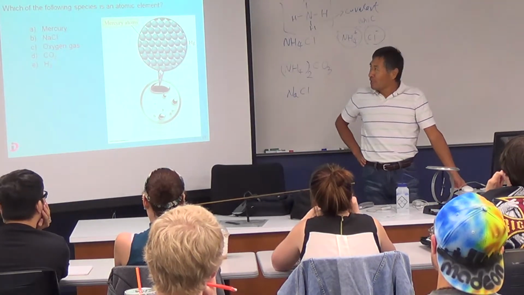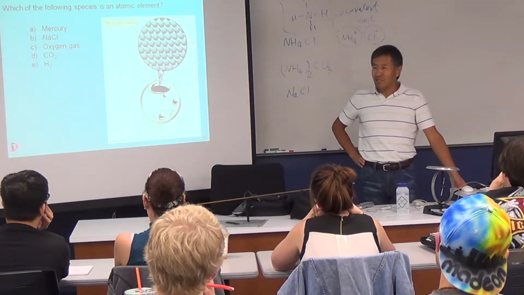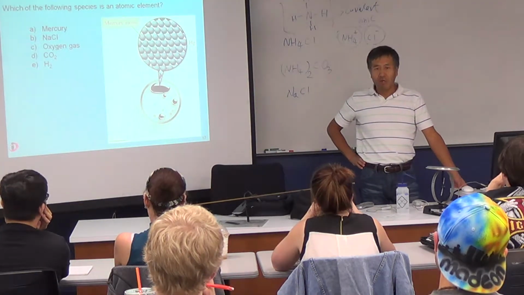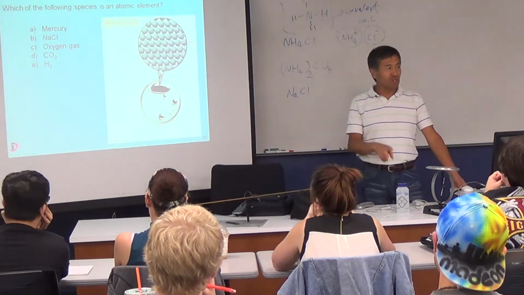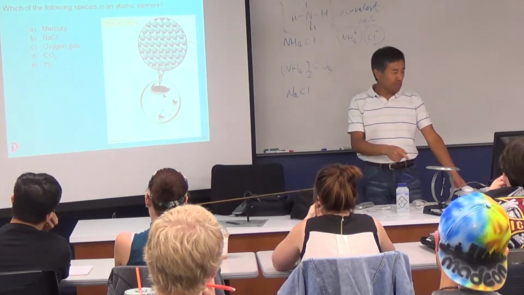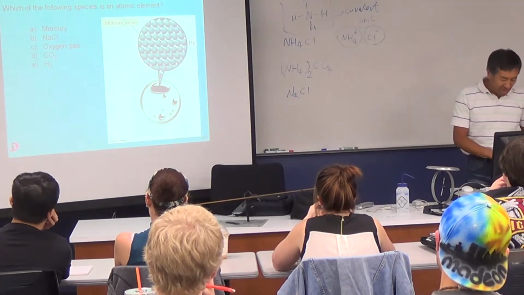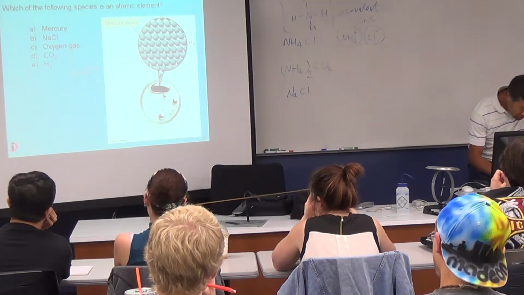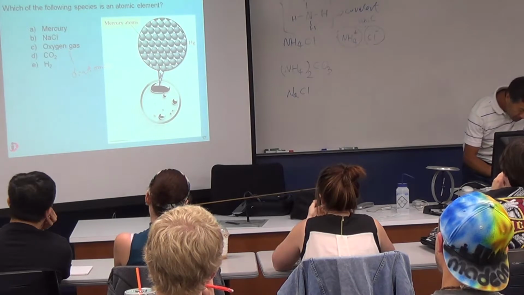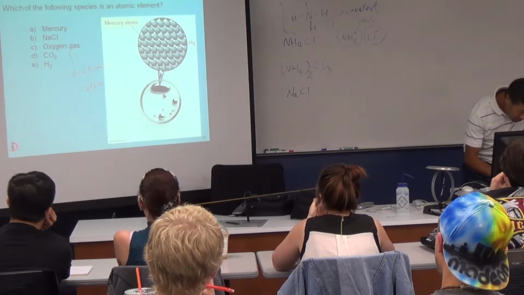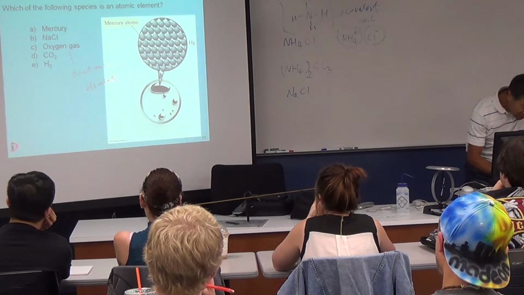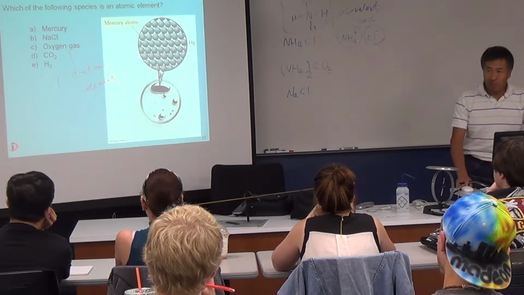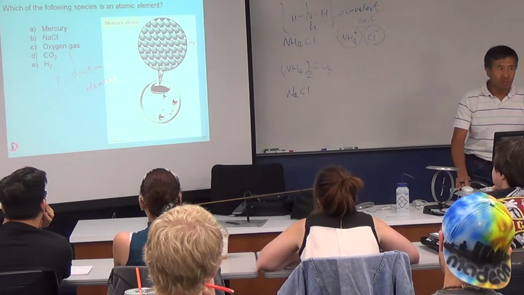Ionic compound. Oxygen gas is what type of material? It's diatomic molecular. So you have H2, and we have 7 of those diatomic elements. What are the other 6?